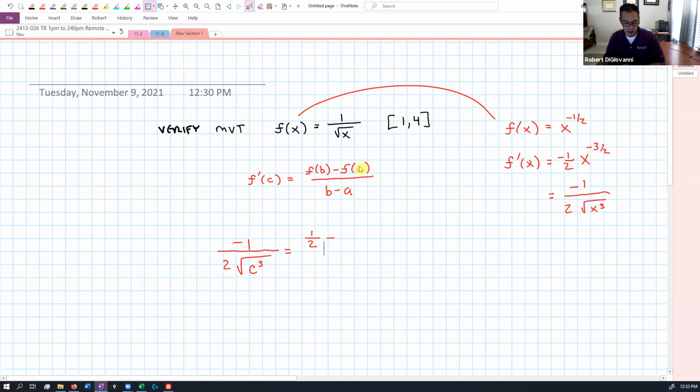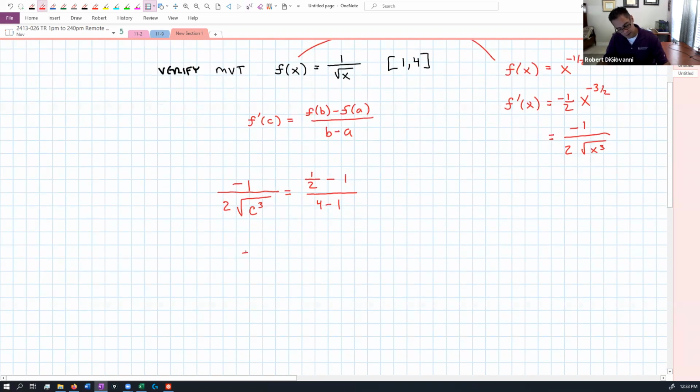Minus, now f of a, plug 1 into that, you get 1. All over 4, which is b, take away a, which is 1. So we get -1 over 2 square roots of c cubed equals, on the top -1/2, on the bottom 3.